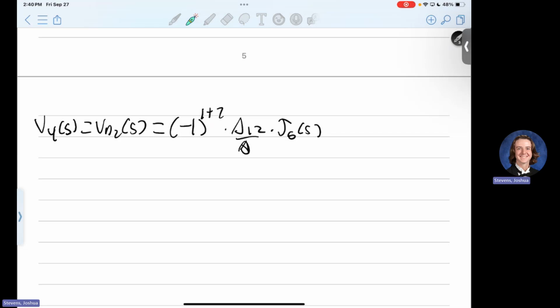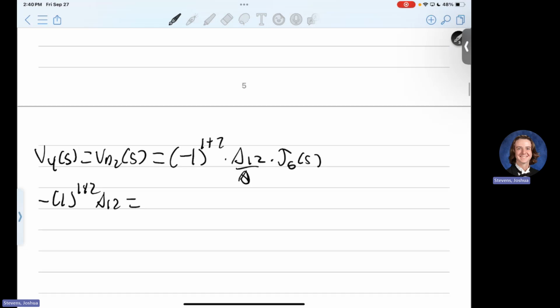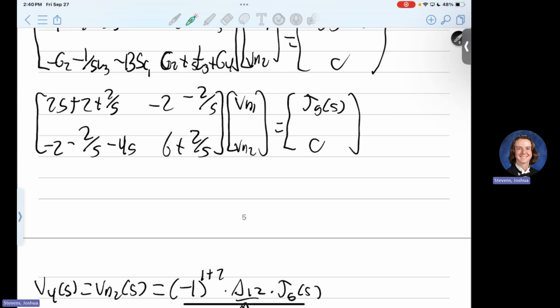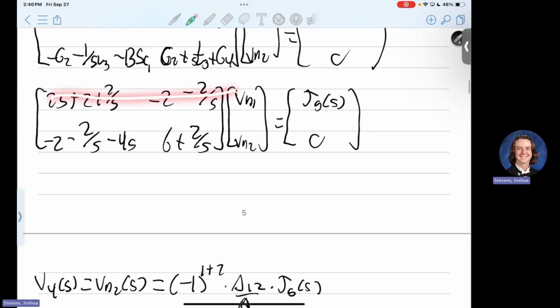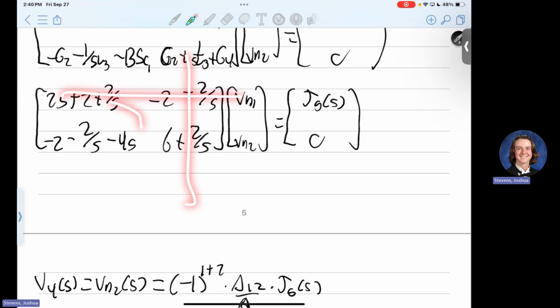So, (-1) to the 1 plus 2 of delta 1, 2 equals, knock out the first row, second column, and that is what is left.